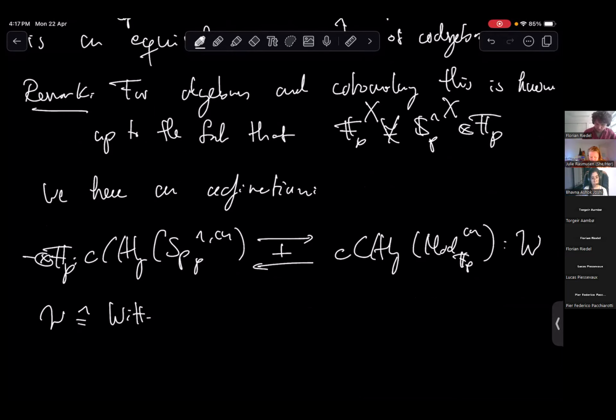Namely, it behaves like Witt vectors, but also it behaves like Weil restriction.